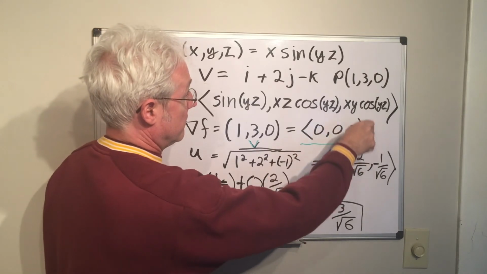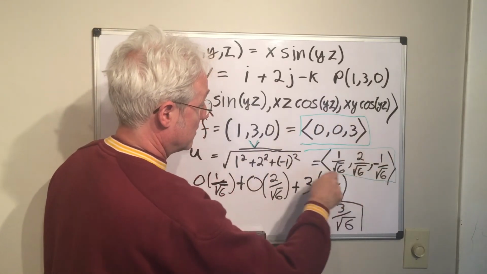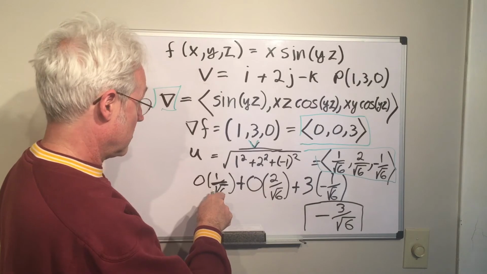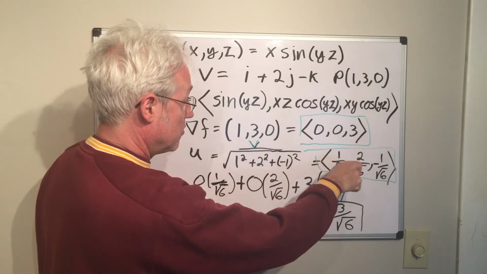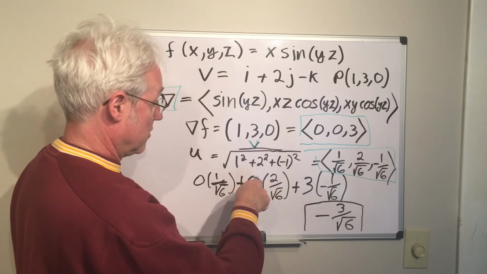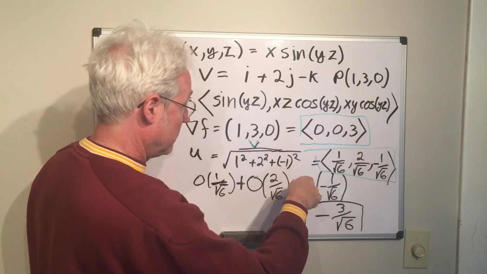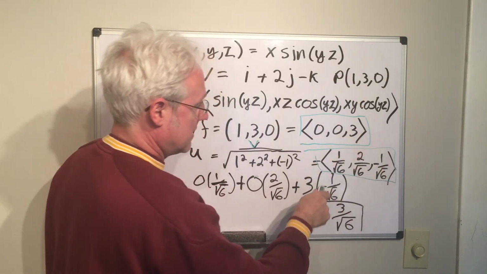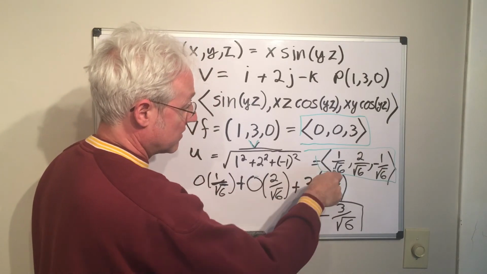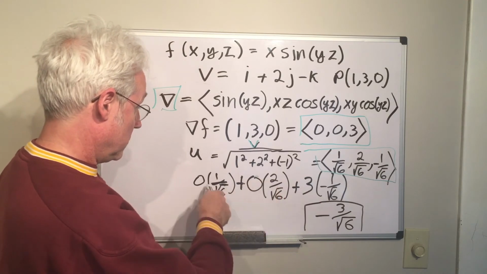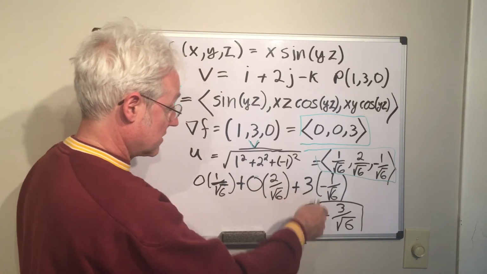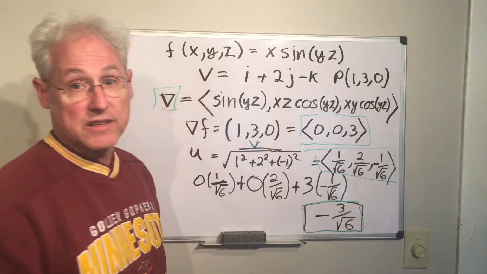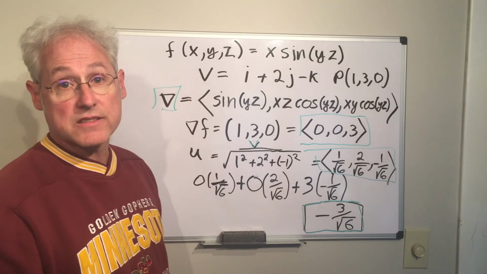Here's our gradient vector, and here's our unit vector. Dot product is 0 times 1 over root 6, which is 0. 0 times 2 over root 6, which is 0, and added to 3 times -1 over root 6, which is -3 over root 6, which with 0, 0 basically becomes our solution, our scalar quantity, negative 3 over root 6.